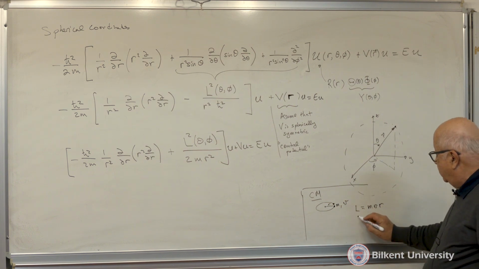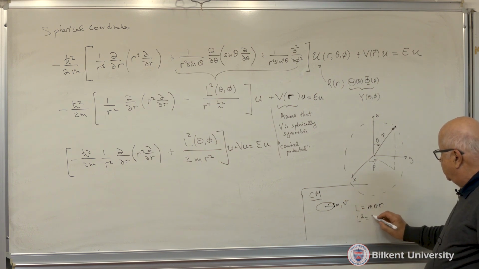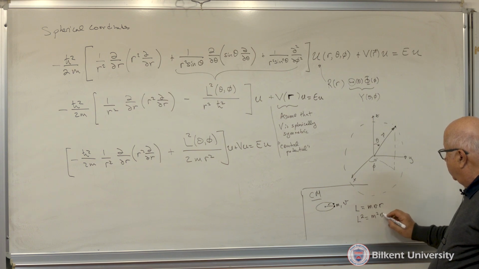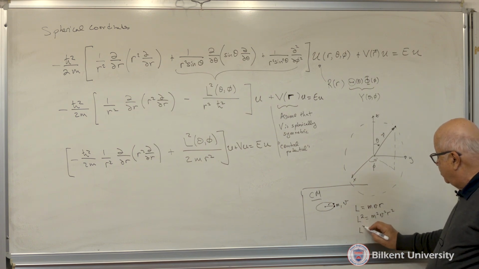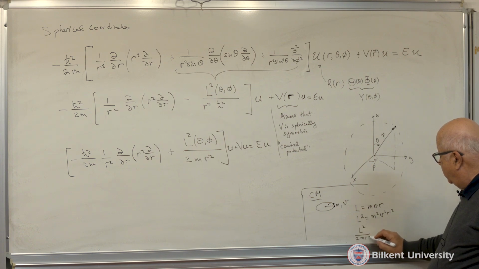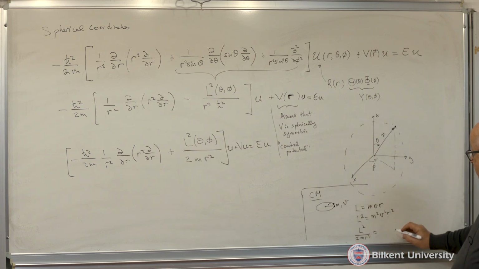Now, L squared is m squared v squared r squared. What about L squared over 2m r squared? Well, it's one half m v squared.